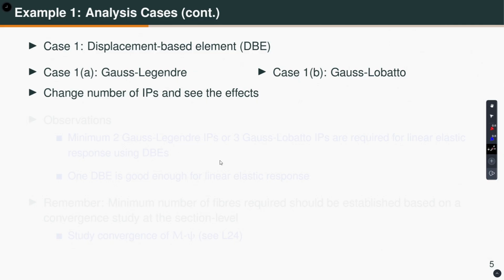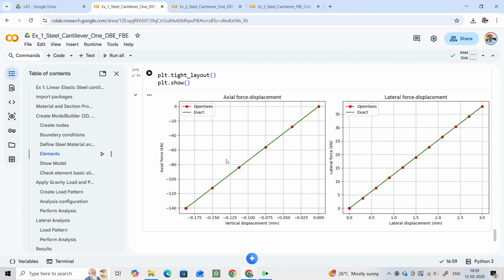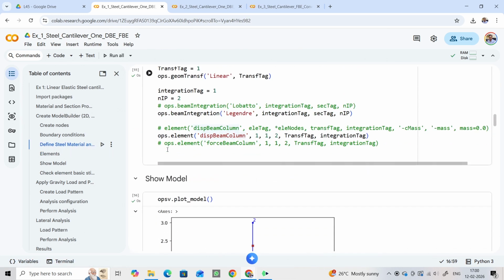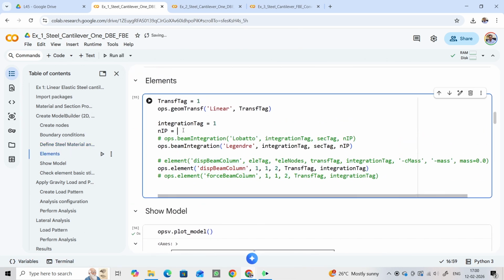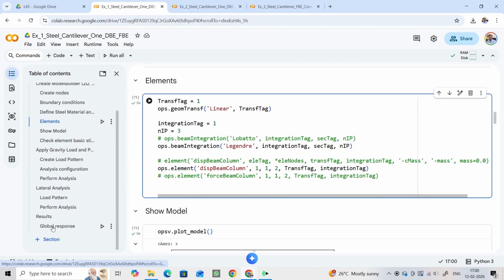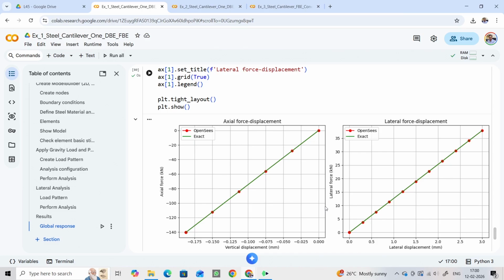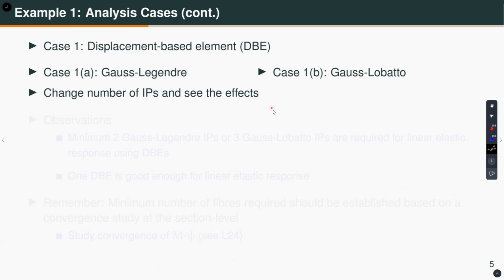If we change the number of integration points, we cannot use one integration point, but we can certainly increase, but that is not necessary as long as the behavior is linear elastic. Let us say if I make it 3, then go to the global response, there is no change, because to get the exact solution for linear elastic behavior, you need only 2 Gauss-Legendre. So, this is done.